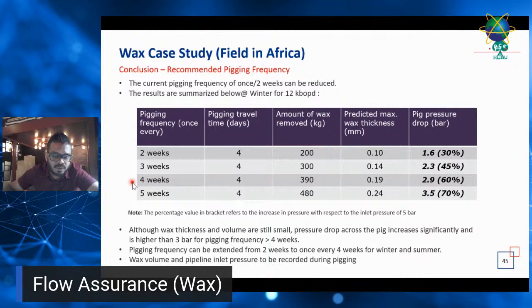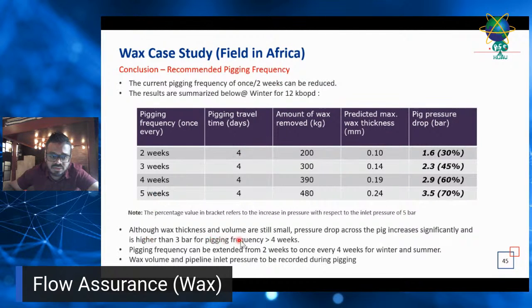They were pigging every 2 weeks initially, and notice that there's a lot of instability in the flow, especially the water instability, and that has caused a lot of production loss or deferment.